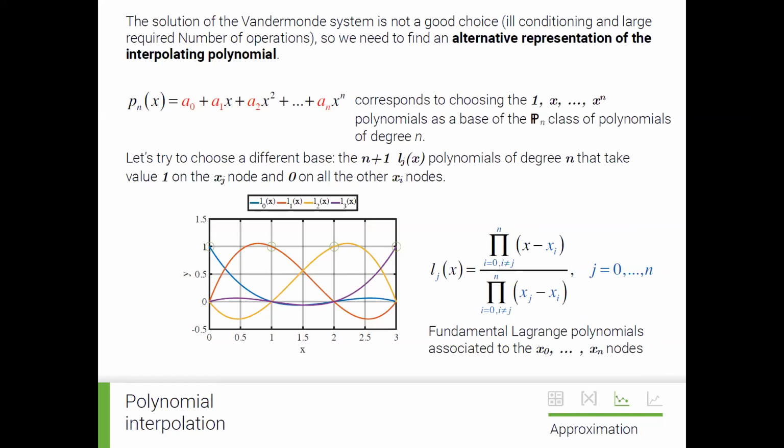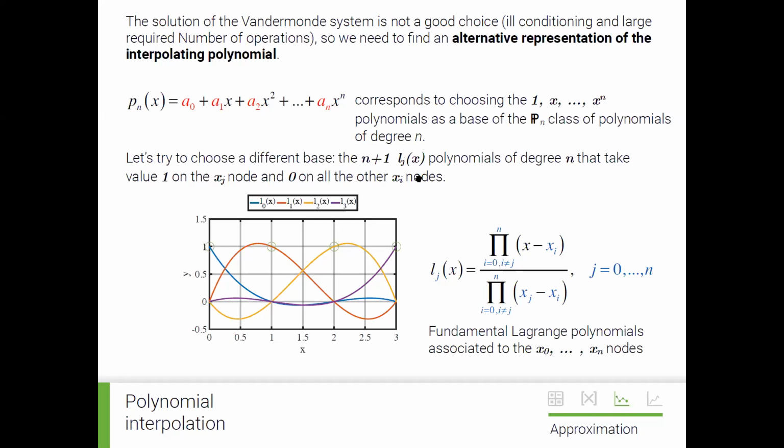So now let's consider again our polynomial Pn of x, which corresponds to choosing 1 through x^n as the basis of the space of polynomials Pn with degree n. Let's try to choose a different basis, the n plus 1 Lagrange polynomials of degree n.